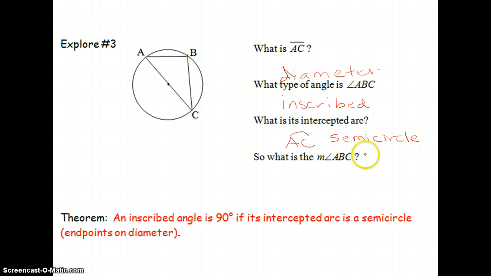And we know that the semicircle is 180 degrees. Therefore, that inscribed angle, ABC, must be 90 degrees because that inscribed angle is half the measure of its arc. So measure of angle ABC is 90 degrees, and I'll go ahead and notate that here. So my theorem states that an inscribed angle is 90 degrees if its intercepted arc is a semicircle, meaning that the endpoints are on that diameter.